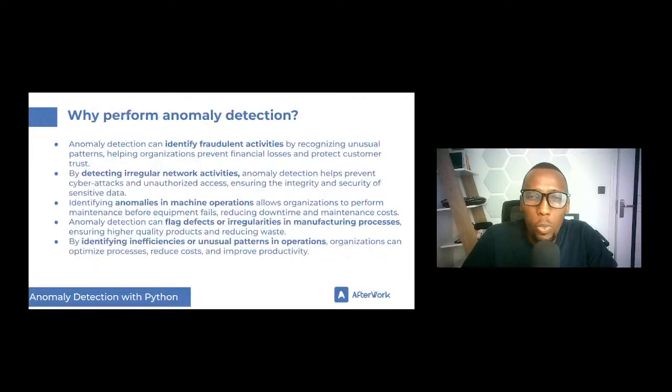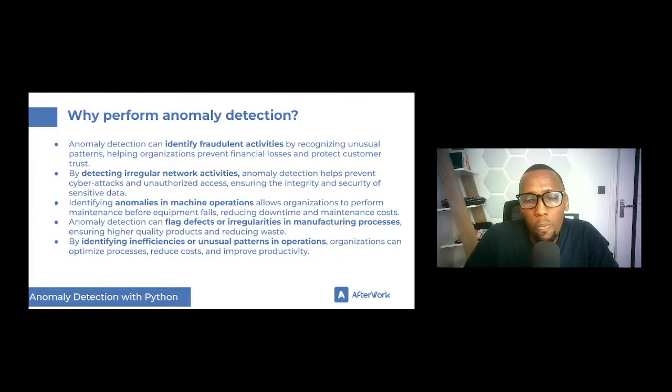Just to go through a few more use cases and reasons why we would want to perform anomaly detection: we might want to identify fraudulent activities if there are unusual patterns, which essentially helps organizations prevent financial losses and protect customers' trust.